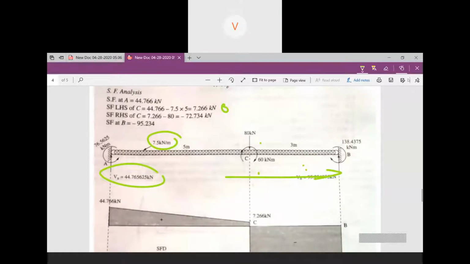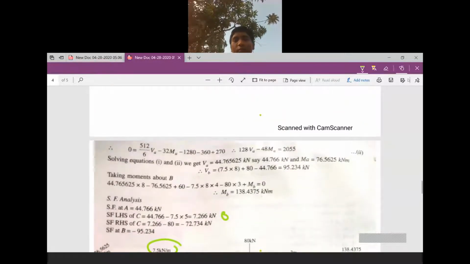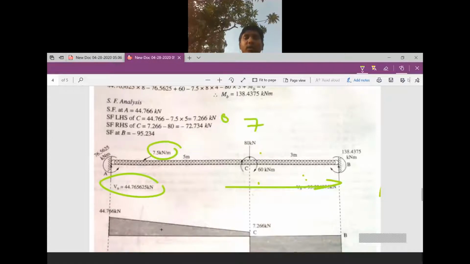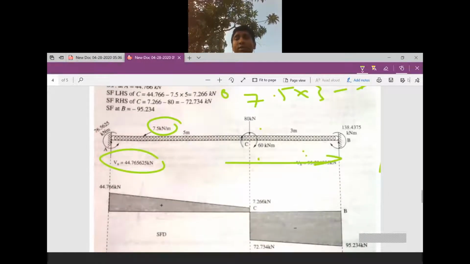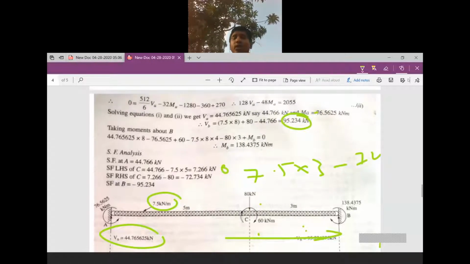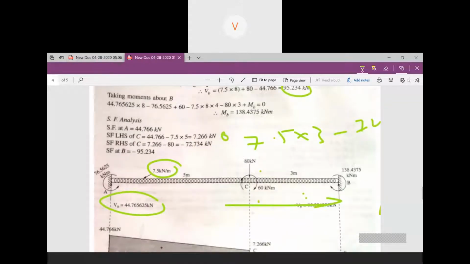When you add, what should come here is the value of VB. The value of VB here is 95.234. Here also 7.5 into 3 minus the remaining force is 72.734. You will get this value. Understand?